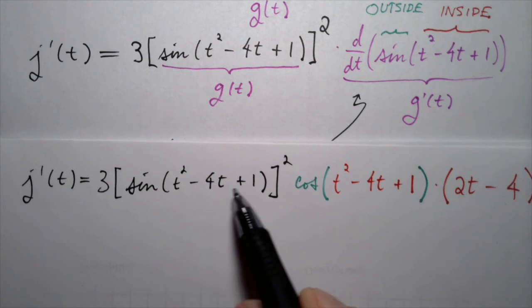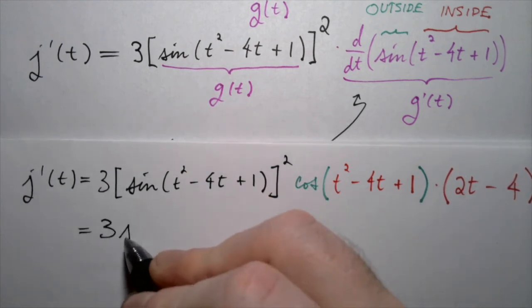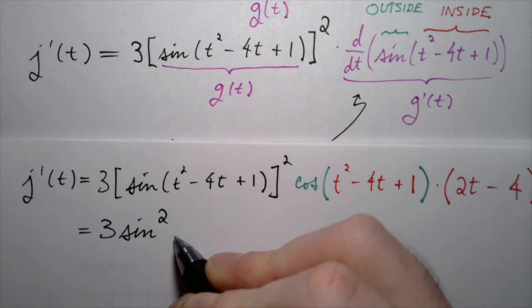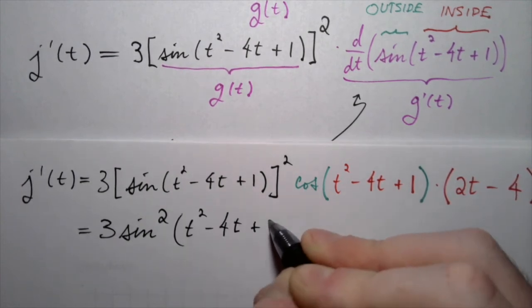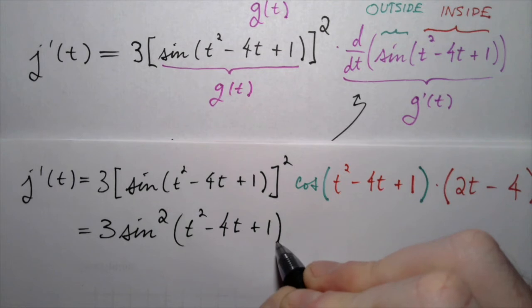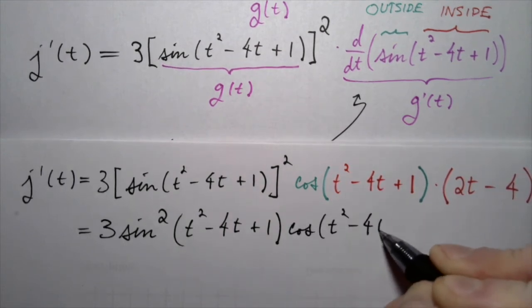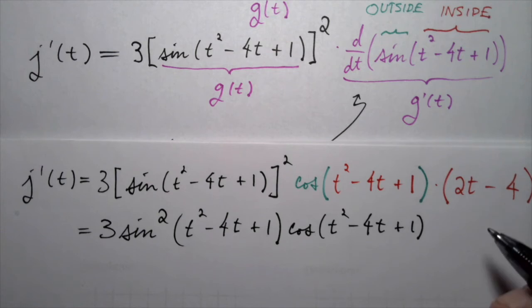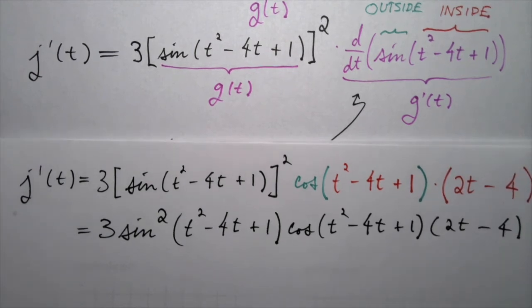Notice that we have a sine of something all being squared, so if we want, we could rewrite this in a slightly nicer form as sine squared of t squared minus 4t plus 1, multiplied by cosine of t squared minus 4t plus 1, and then multiplied by 2t minus 4. That's the derivative.